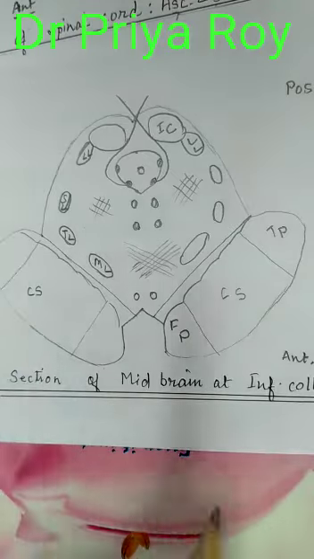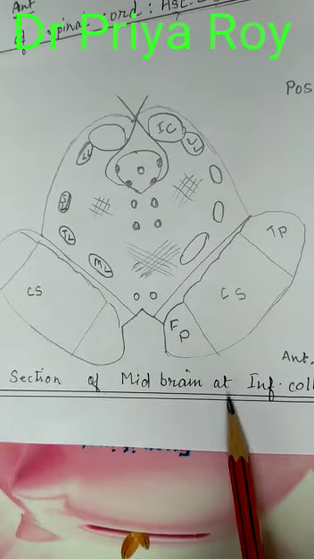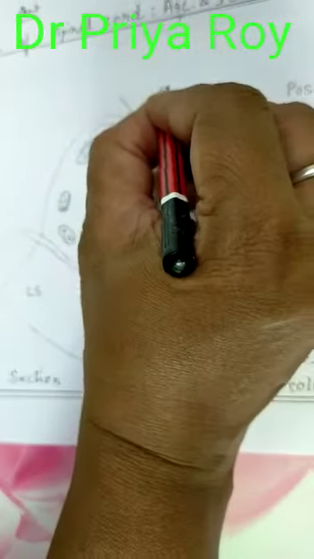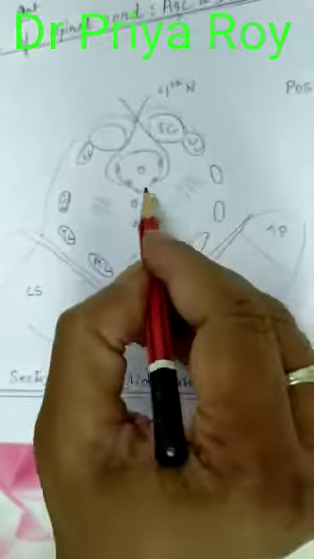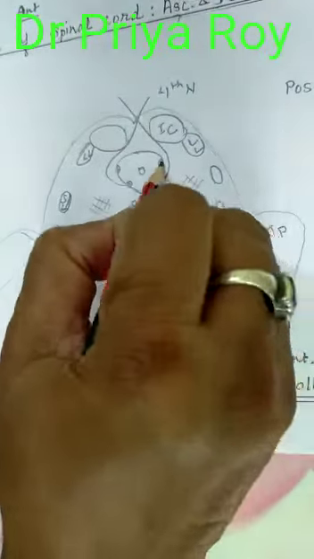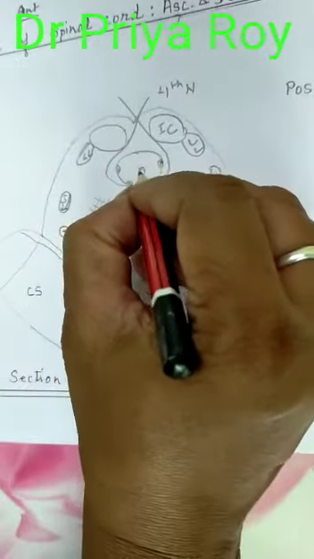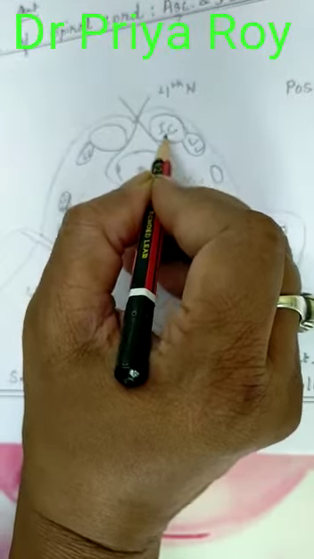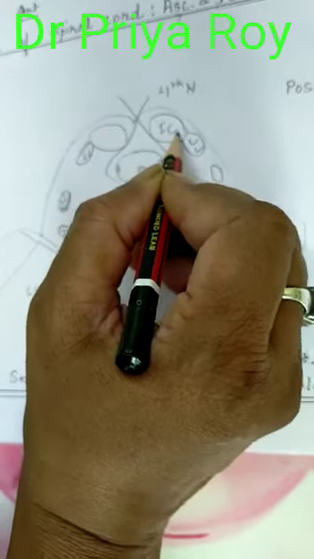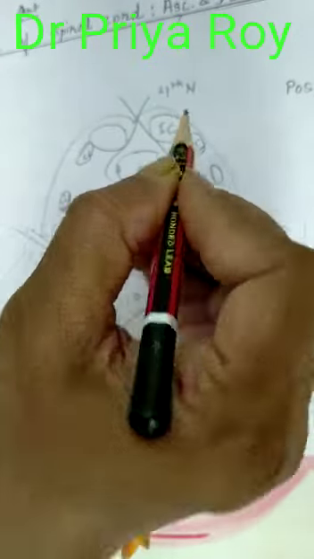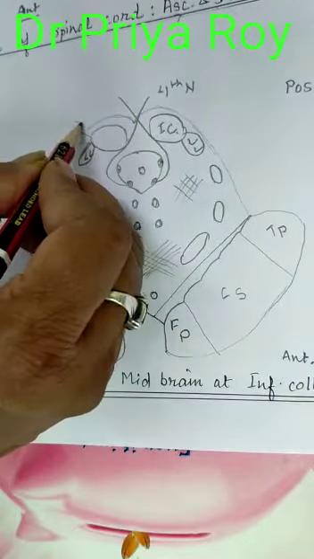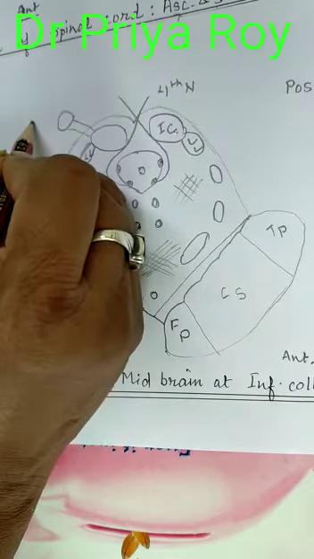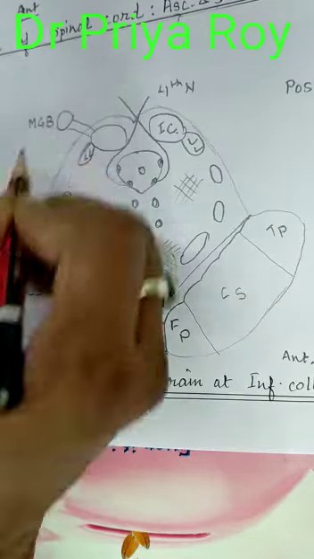So what are the important features at the section of midbrain at inferior colliculus level? Main is the nerve nucleus, that is the fourth nerve nucleus, trochlear nerve. Here the mesencephalic nucleus of the trigeminal, here the cerebral aqueduct, here the inferior colliculi. Joining with these two, you can make the medial geniculate body with the inferior brachium, okay, medial geniculate body, right.